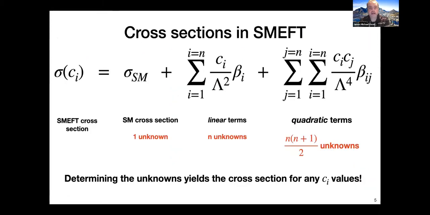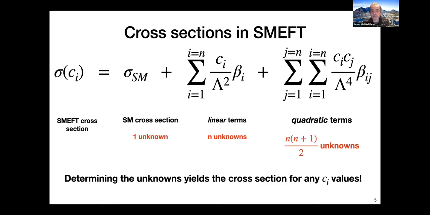Okay, so to brush a lot of interesting physics under the carpet for the purposes of this talk, we can say that cross-sections in general in the SMEFT are nothing more than multivariate polynomials. So they have a constant term, which is the standard model cross-section. And then you have a bunch of linear and quadratic terms, which represent the new physics contributions that the SMEFT describes.